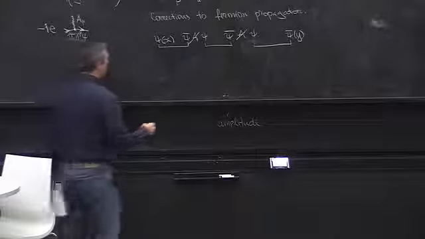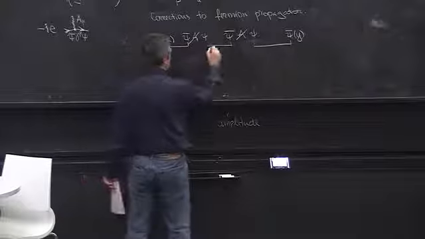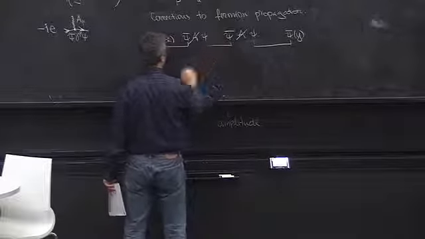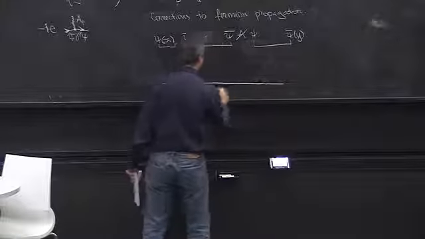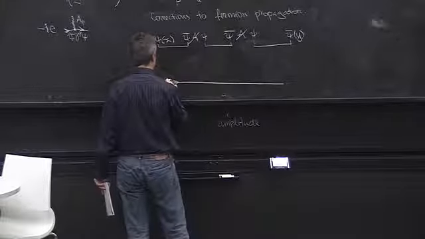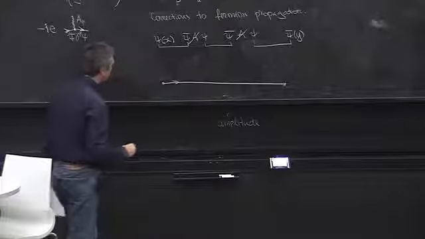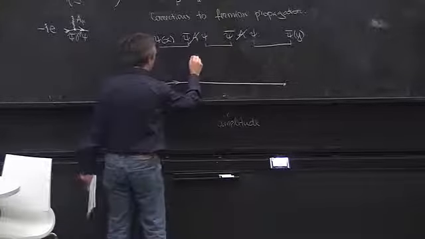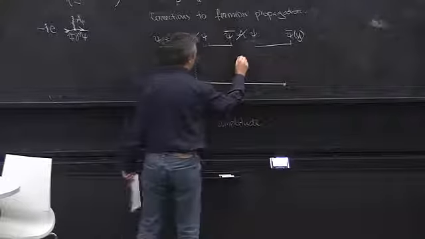So what we will get in the diagram language is a diagram that will contain one long fermion line with photon lines emanating from it at some points.